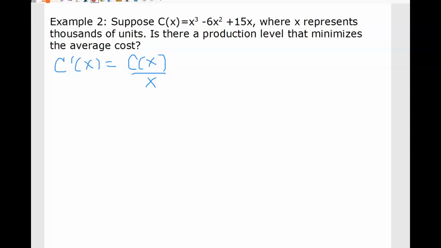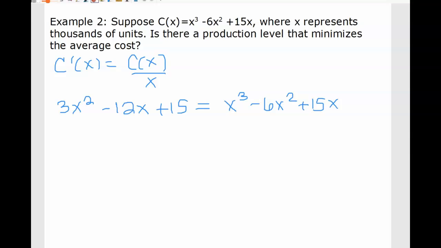So the derivative is 3x squared minus 12x plus 15 equal to x cubed minus 6x squared plus 15x all over x.